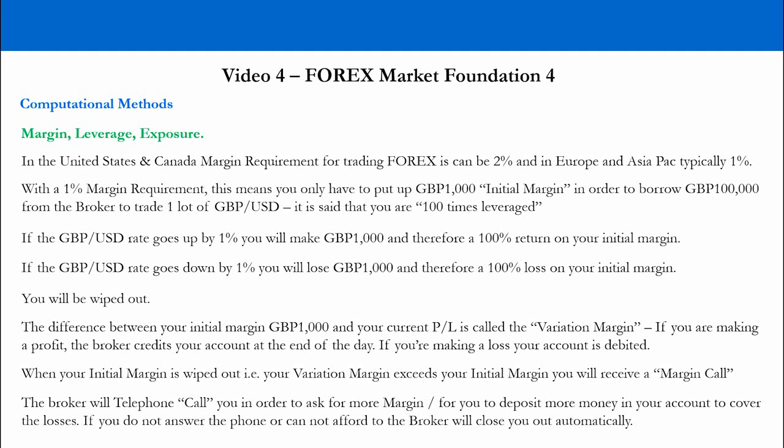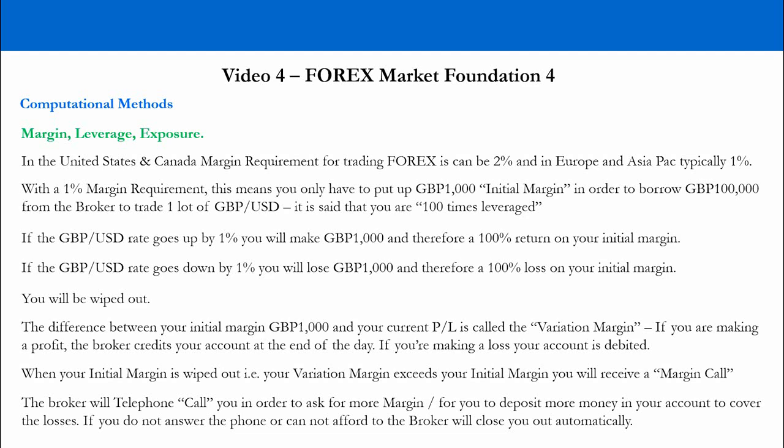I've seen margin requirements in Forex as high as 30% in the US and Canada and as low as 2%. So it all depends on the broker and the product that you're trading, whether you're trading spot or in the futures market. And in Europe and Asia, it's typically 1%. So what you're going to find is it's really just 1% across the board.